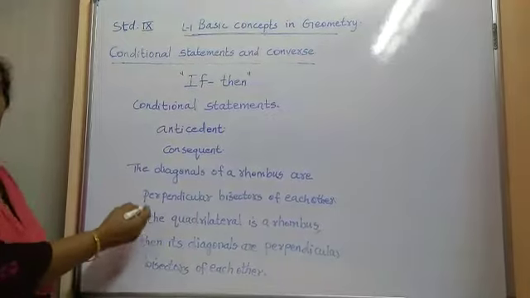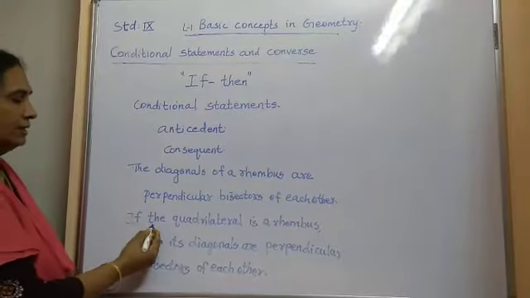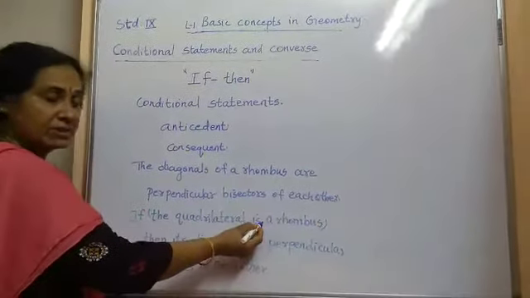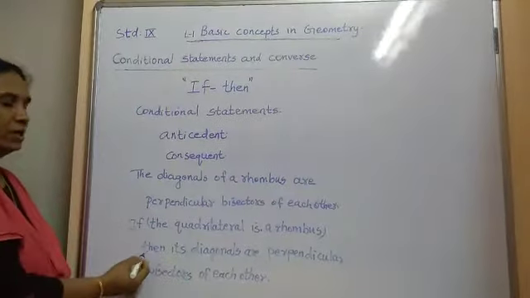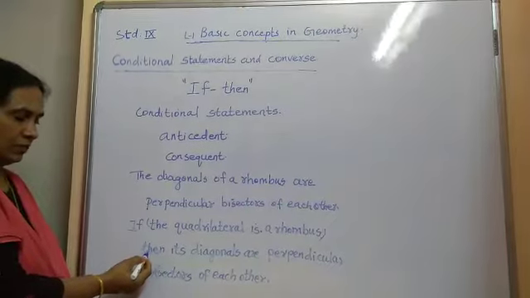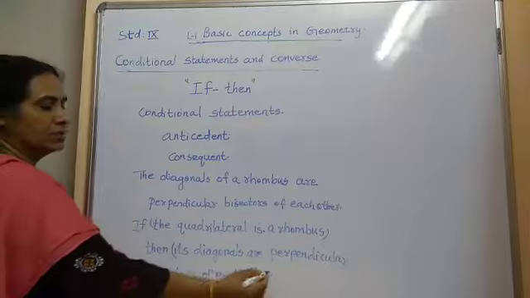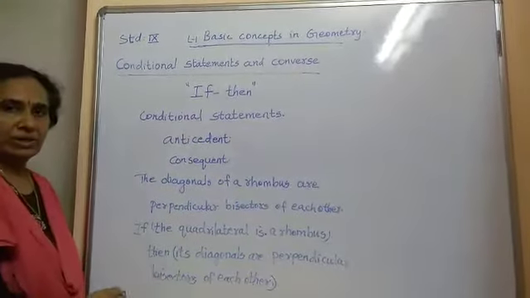See here, the statement following if, that is, the quadrilateral is a rhombus, is the antecedent, and the part of the statement which follows then, its diagonals are perpendicular bisectors of each other, is the consequent.